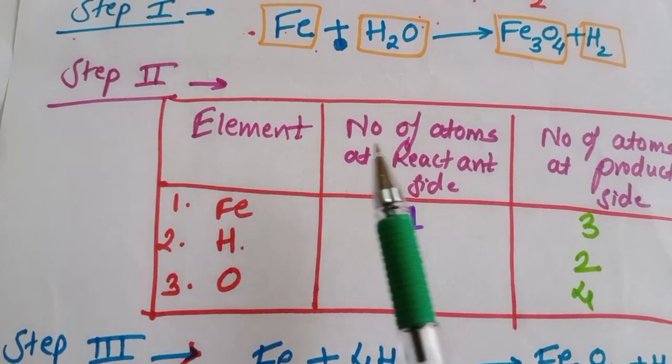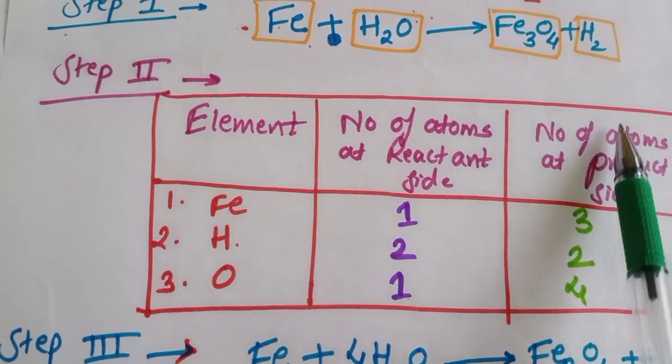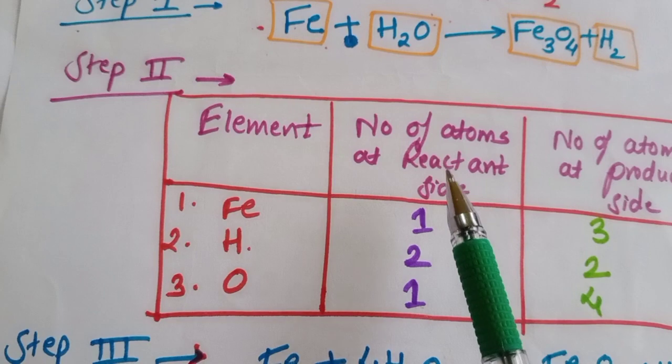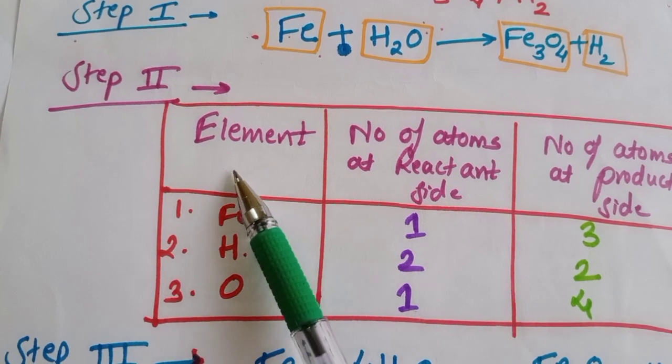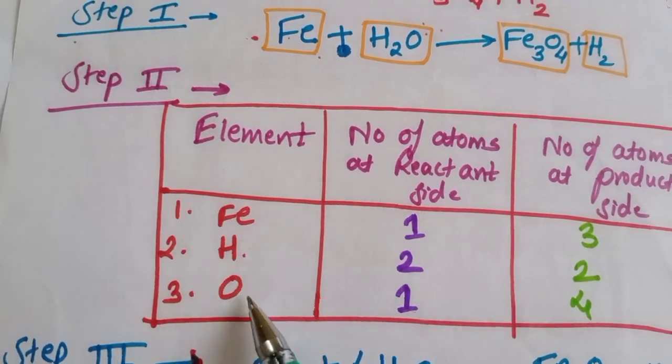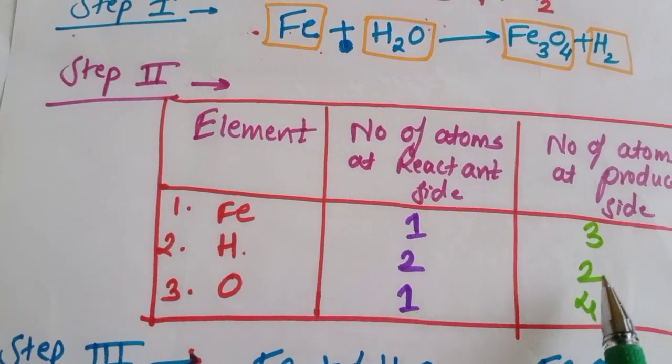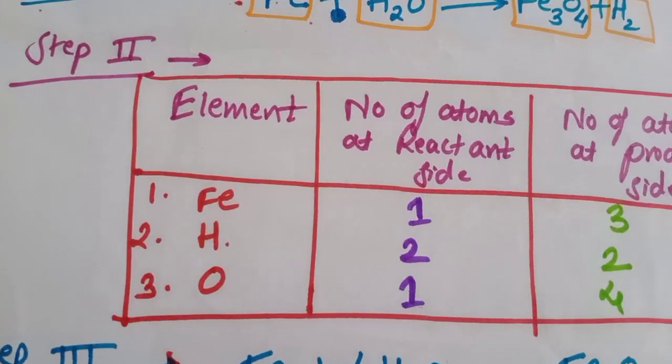So make a table, write the elements, and write the number of atoms at the reactant side and the product side. Okay, that is your second step.